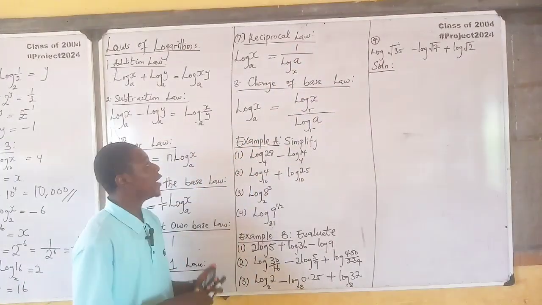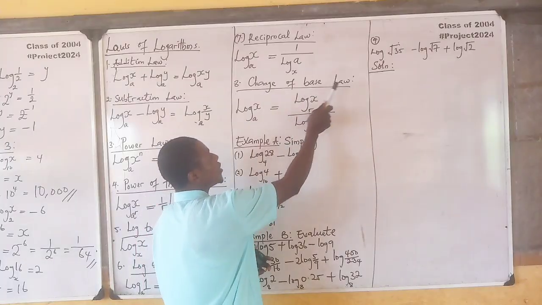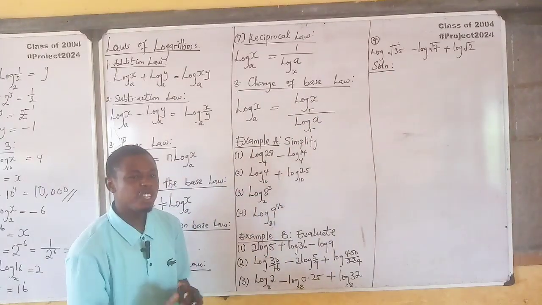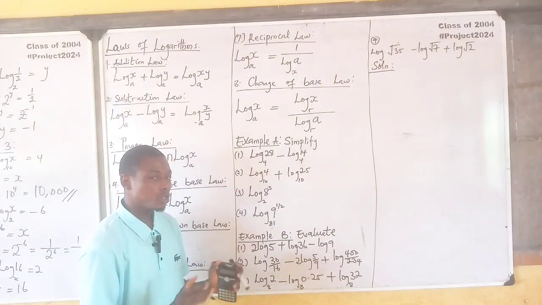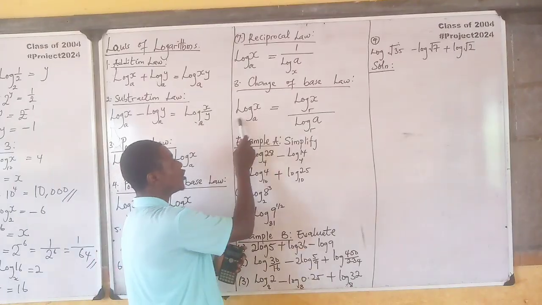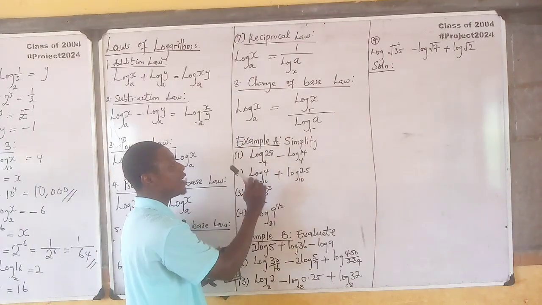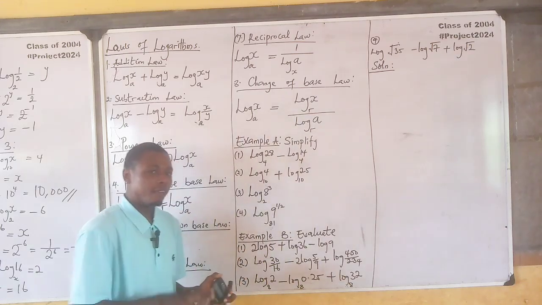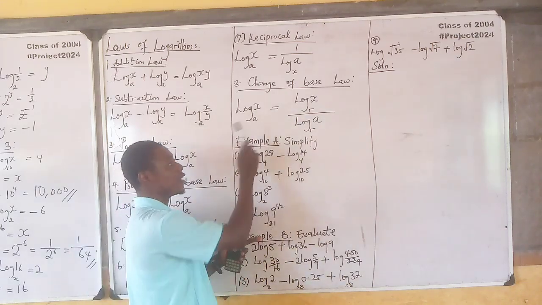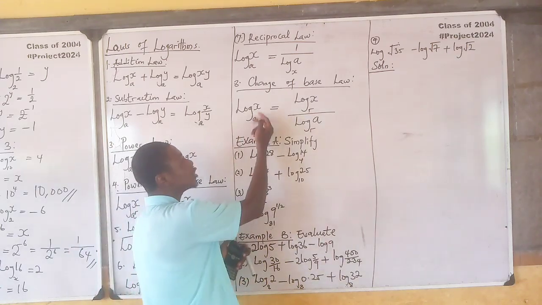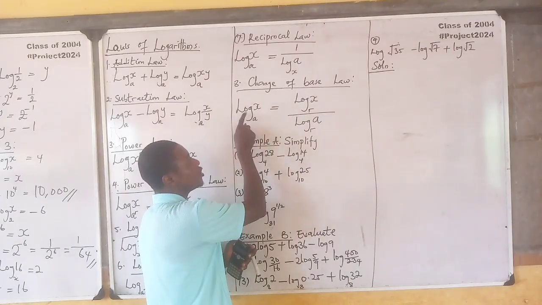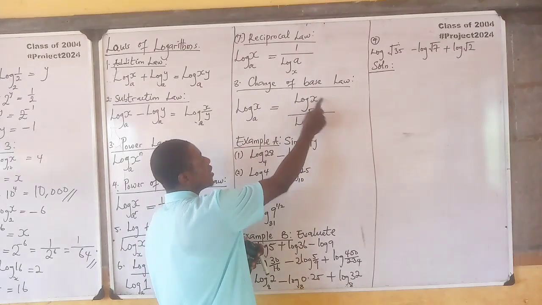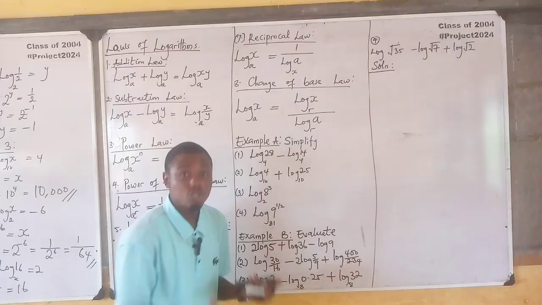Alright, so the next one is change of base. If you want to change the base entirely, what you need to do is this. Let's assume that you have log of x to base a. You don't want this a to be here. You want to introduce another value which will become the base. What you need to do is create a log for each of them. That means log of x will be created to the new base of your choice.